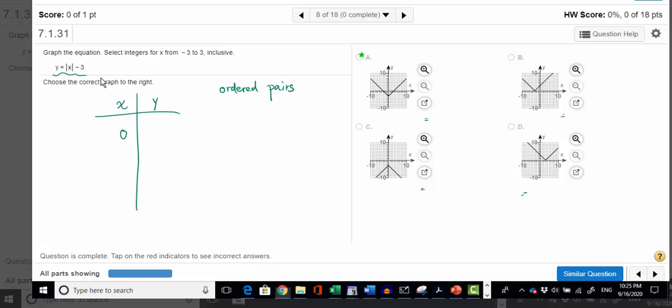If x equals 0, then the corresponding y will equal the absolute value of 0, then minus 3, okay? And the absolute value of 0 is still 0. So it turns into 0 minus 3. So the answer is negative 3. So now you have your first ordered pair, which is (0, -3).